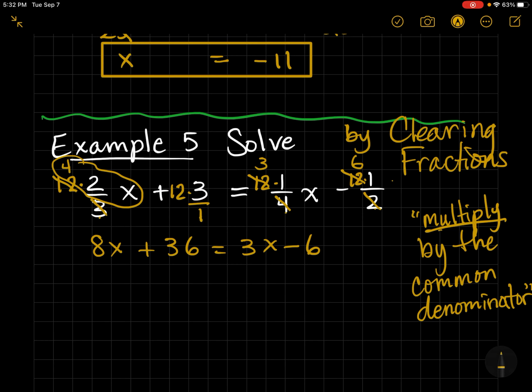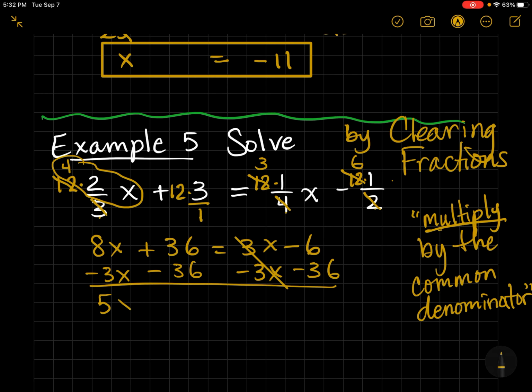And now this becomes a really simple equation. I can subtract 3x from both sides. The opposite of 36, I'm going to subtract 36. Now I have 5x equals negative 42.